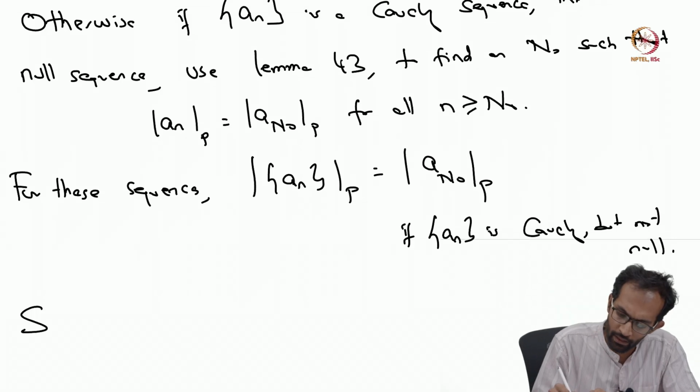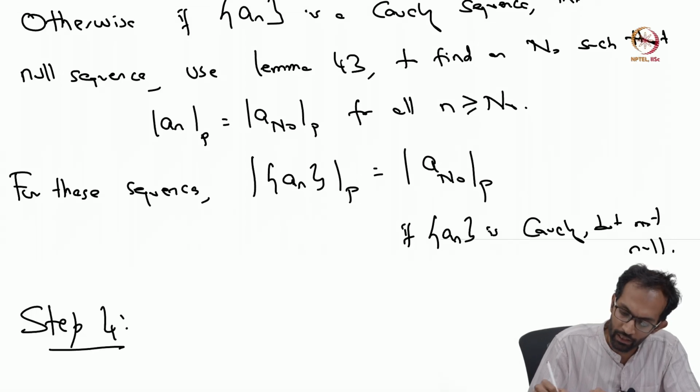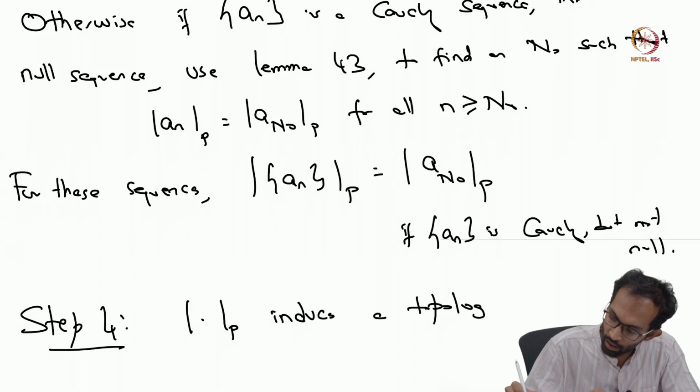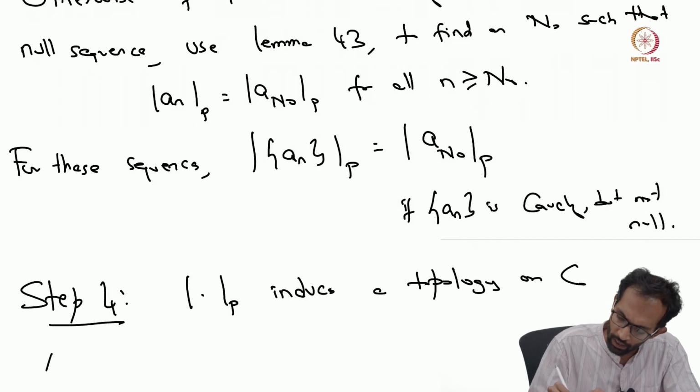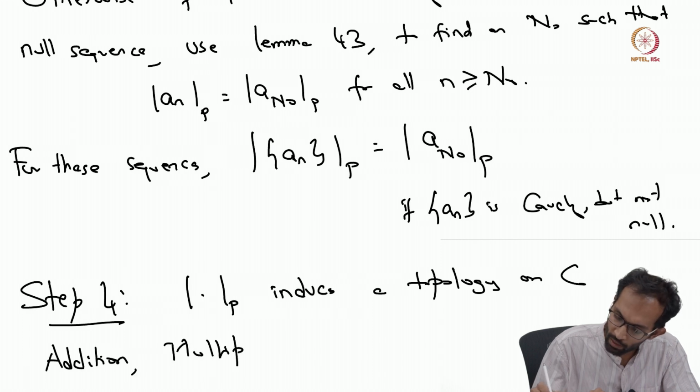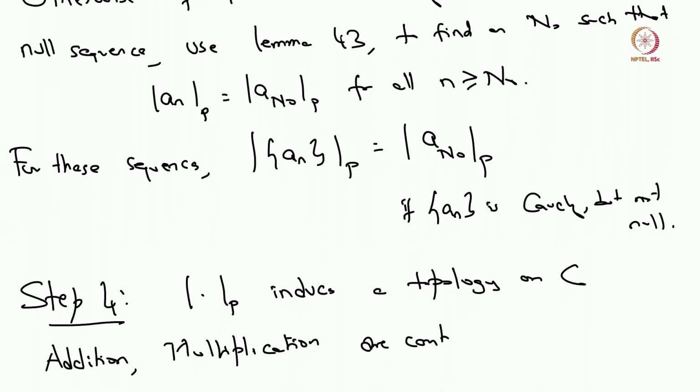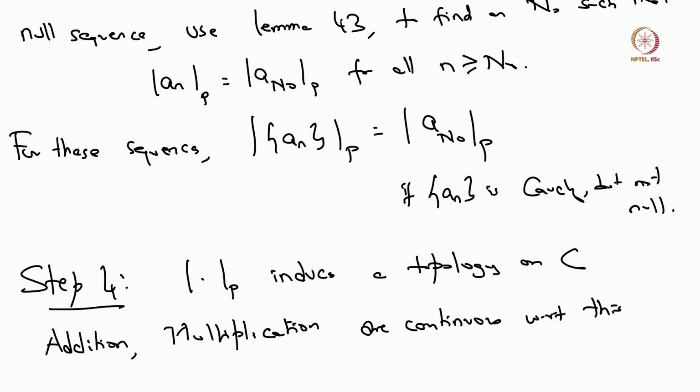The idea is that this new function on C also induces a topology on C, and addition and multiplication are continuous with respect to this induced metric topology.